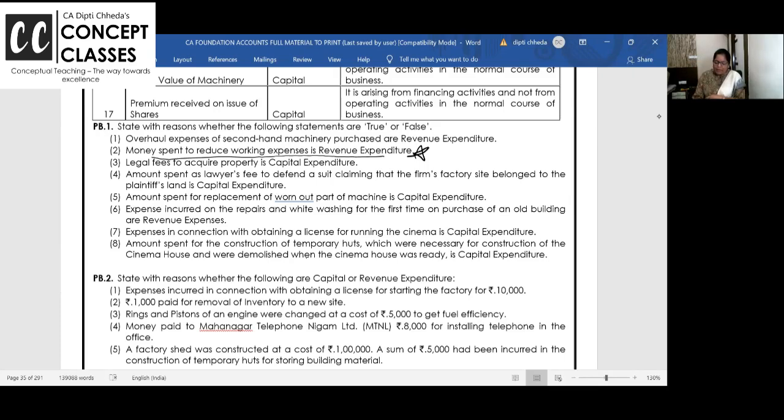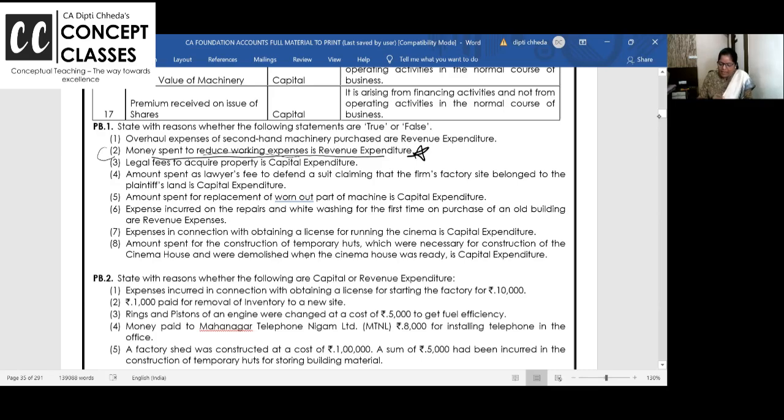So what will happen? It will reduce your working expenditure. Your day-to-day cost will be reduced. So if you have incurred any expenditure wherein your day-to-day cost is reduced, then what you will do?